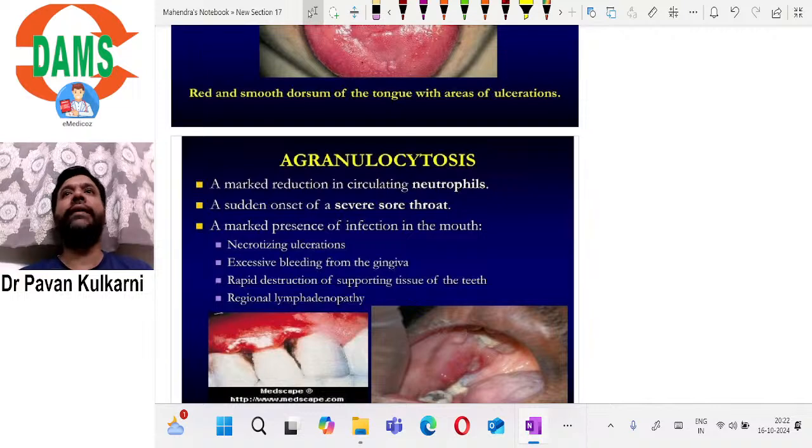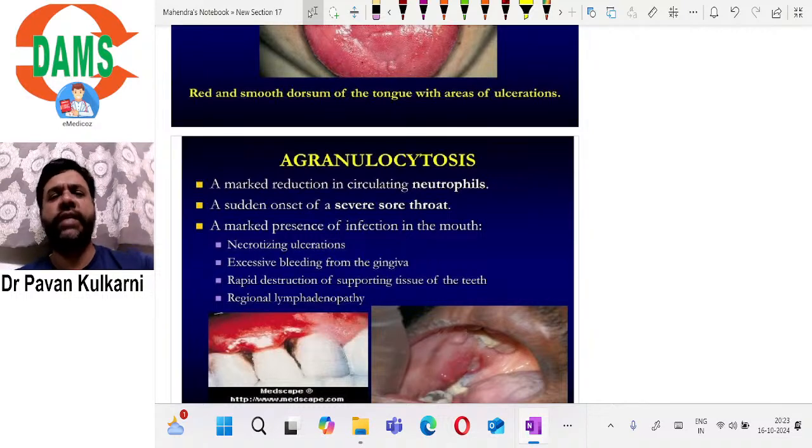All of us know there is a condition called necrotizing sialometaplasia. That also will show a crater-like ulcer, but what is the location? There it is on the palate. Here in cyclic neutropenia, you will see gingival ulcers, and that too crater-like ulcers.